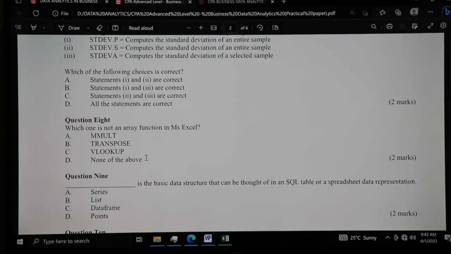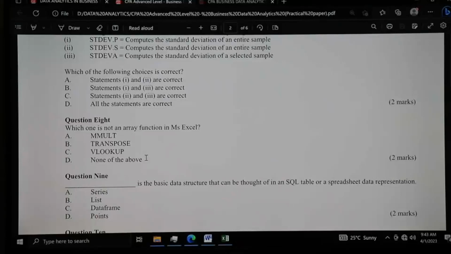So if you say none of the above, then you simply say that none of these is an array function in Excel. Probably for that question you'll have to check those that are very closely connected to arrays.